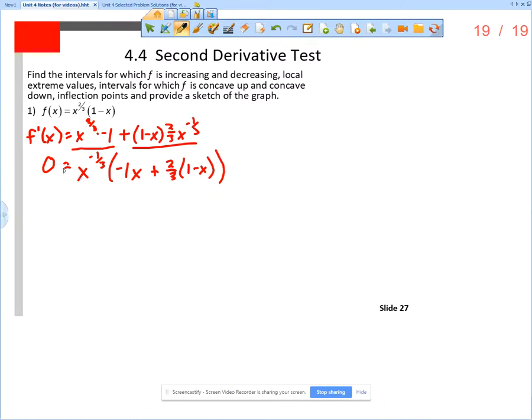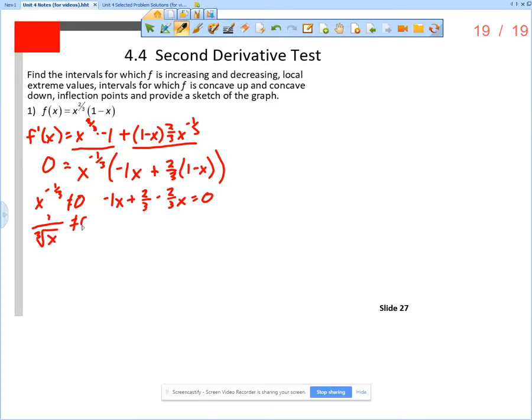All right, so now that's first derivative set equal to 0. If I continue here, I'm going to set x to the -1/3 equal to 0, and then I'm going to set this thing, so -1x plus 2/3, and then distribute minus 2/3 x, equal to 0. All right, so x to the -1/3, when is that equal to 0? Well, never equal to 0, because that means 1 over the cube root of x.